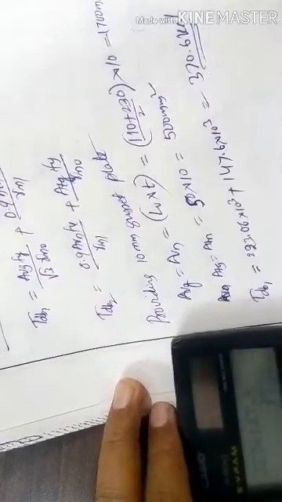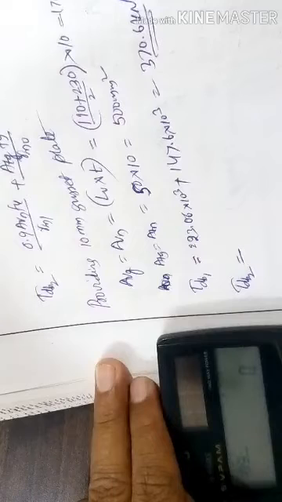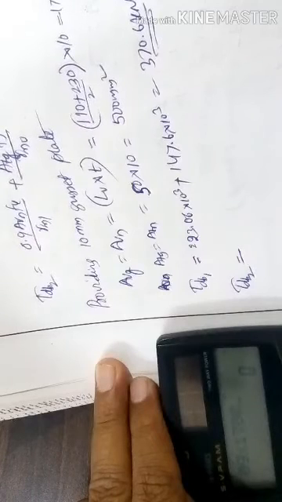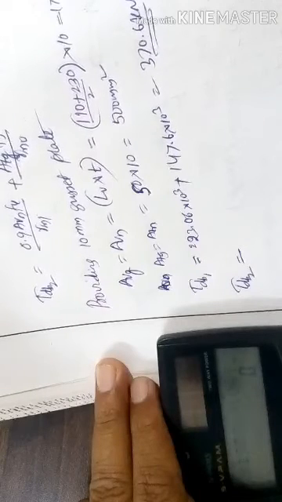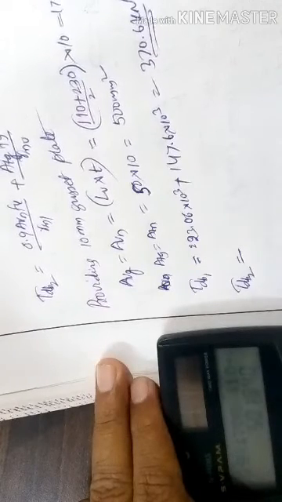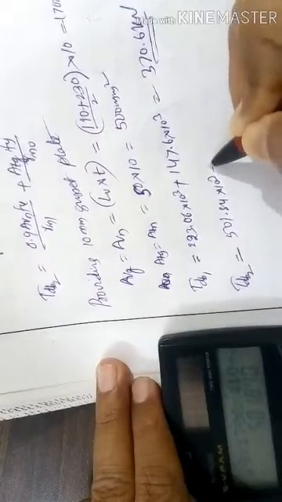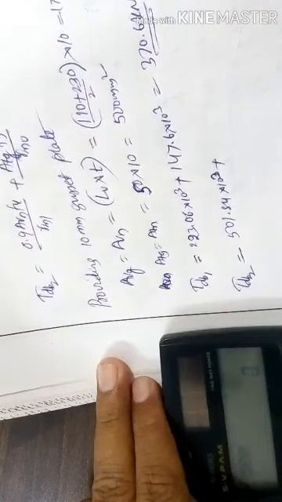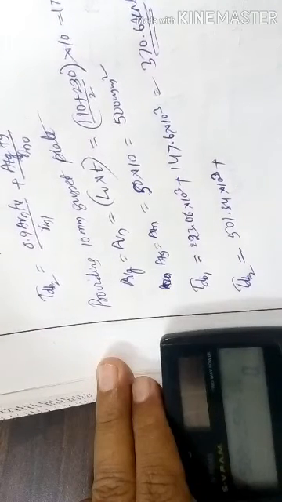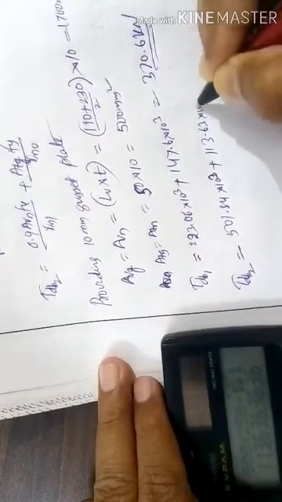And TDB2 will be 0.9 into 1700 into 410 divided by 1.25, 501.84 into 10 raised to 3, plus 500 into 250 divided by 1.1, 113.63 into 10 raised to 3.